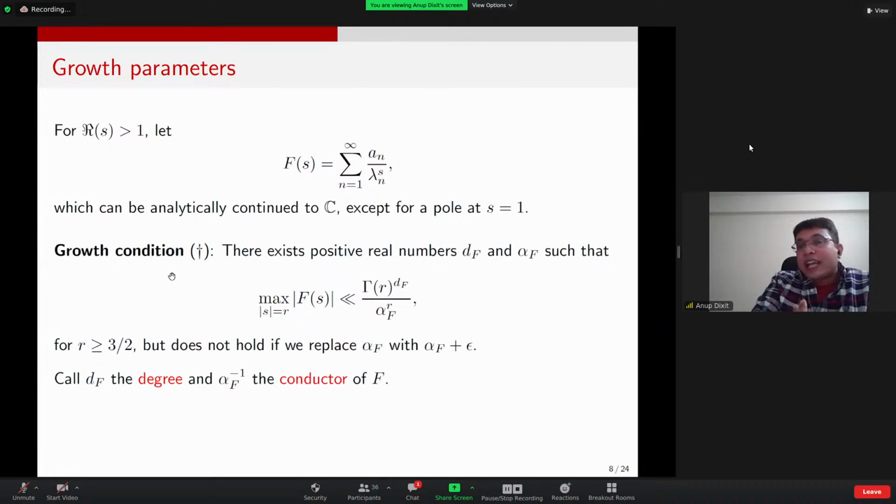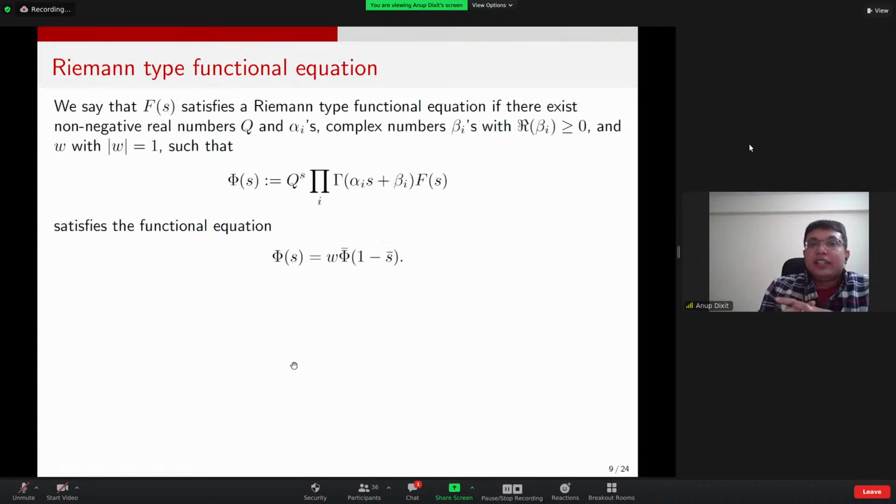But there is a natural way in the literature to define these parameters, degree and conductor, and that is through the functional equation.